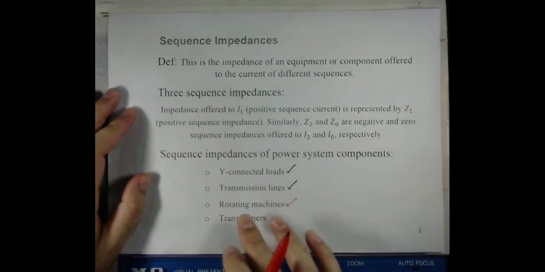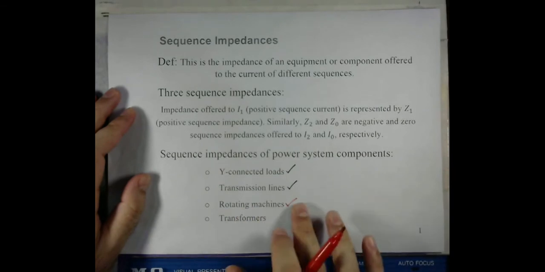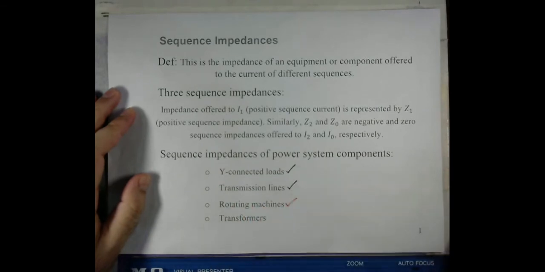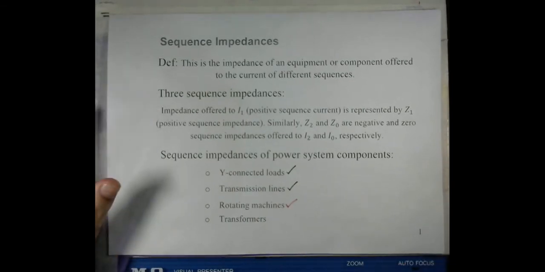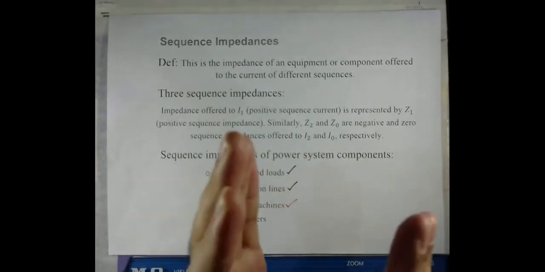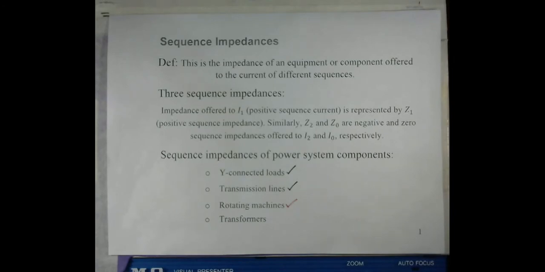So I will restrict the discussion of the rotating machine only to the synchronous generator. Now let's talk about the sequence impedances of the transformers, and then solve an example to get a more clear understanding of the theoretical concepts.